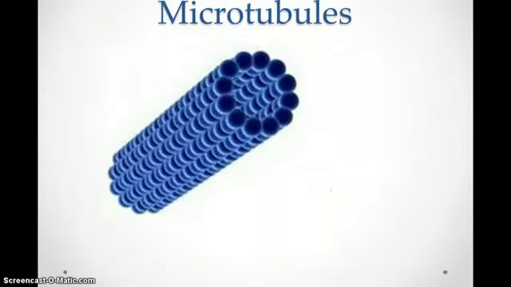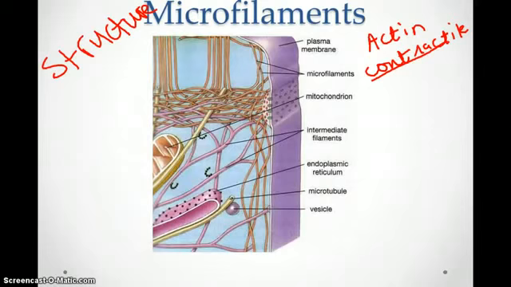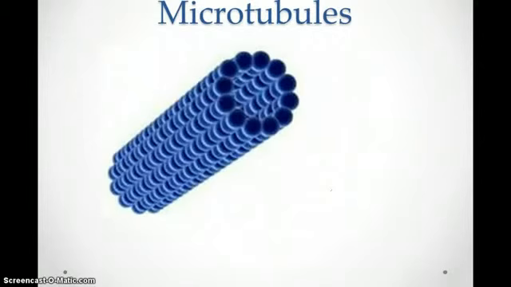Then we have the microtubules. These are found in the cytoplasm, and so are microfilaments. Microtubules are made of a protein known as tubulin. Tubulin. And this is very easy to remember because microtubules are tubes.